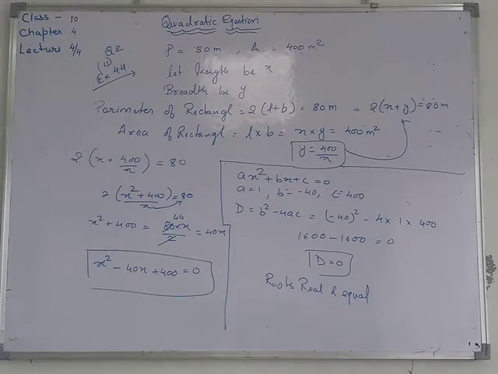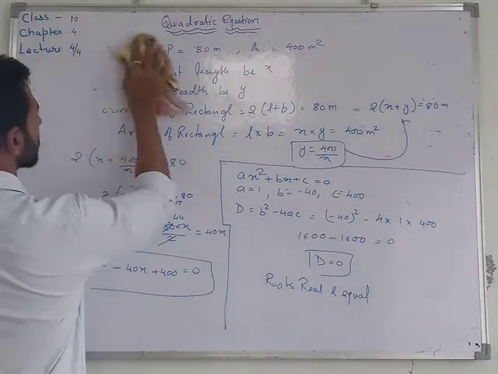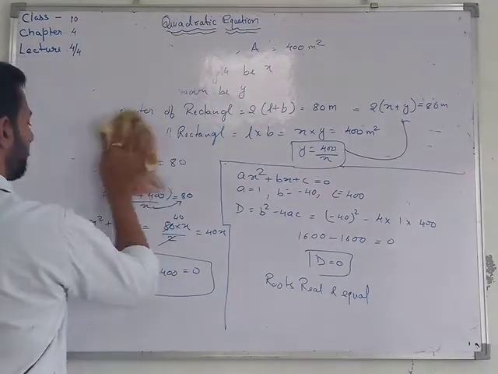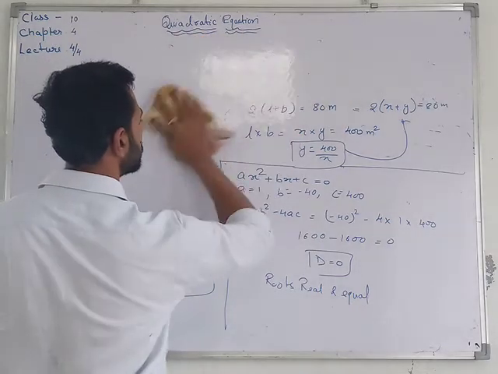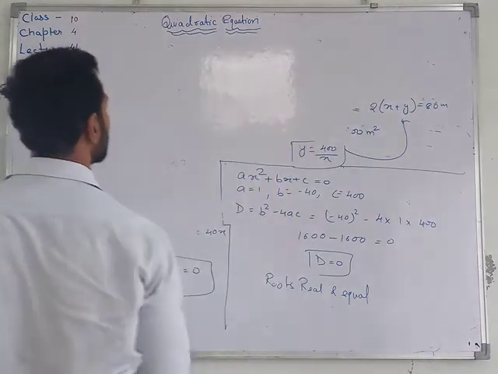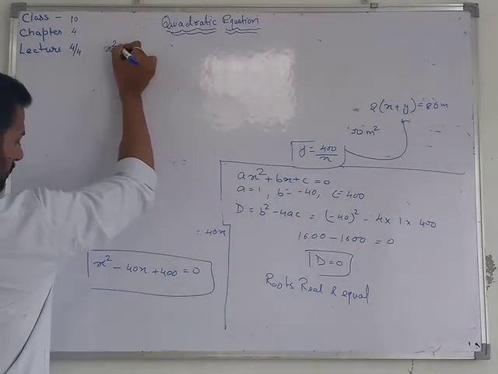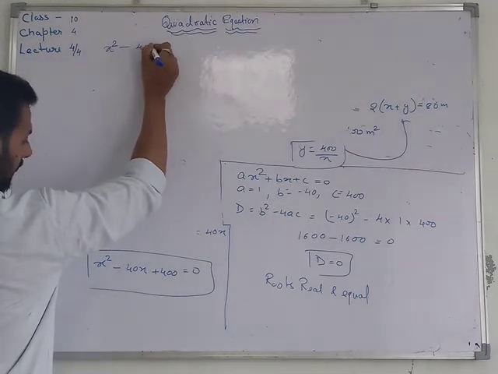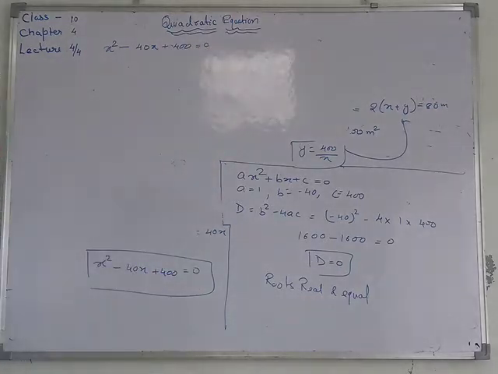Now let us find out the values of x. We can use the formula method for solving this. First, writing down the equation. X square minus 40x plus 400 is equal to 0.